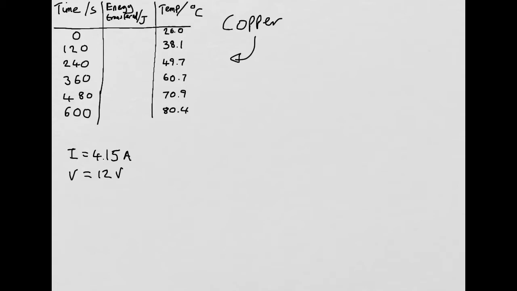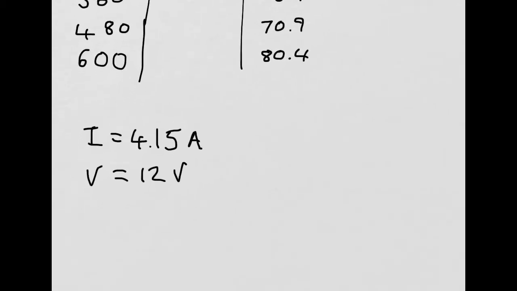Okay, now let's start by looking at the immersion heater. Now the immersion heater, we supplied it with 12 volts of potential difference across the heater and 4.15 amps through the heater. Now what I'm going to do is just use this equation.